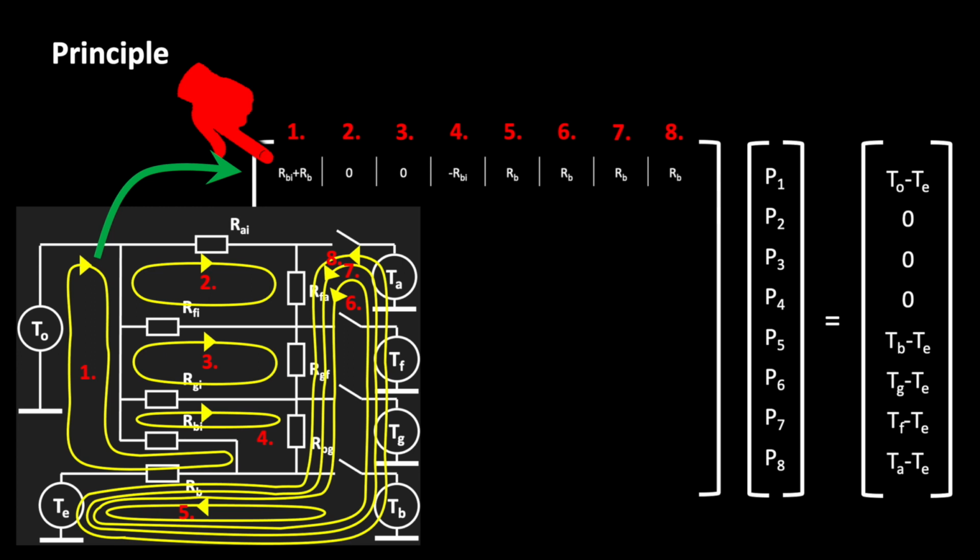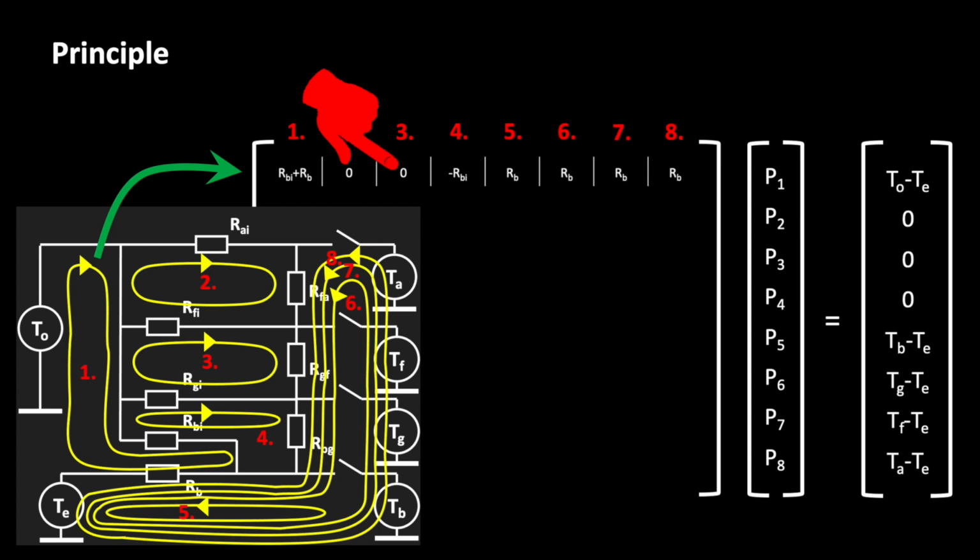For all other elements that are not diagonal elements, we have to consider the mutual coupling of the mesh currents. There is no resistance between loop 1 and loop 2. Therefore, we enter a 0 for the second element of the line. The same applies for the third element.